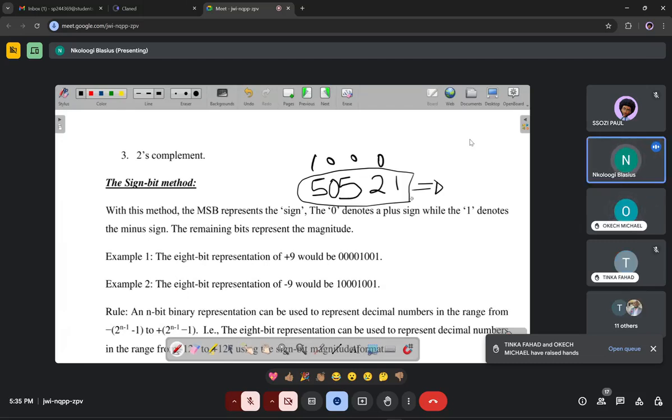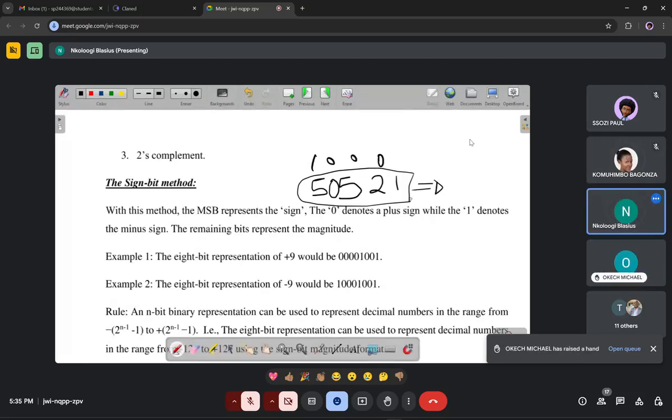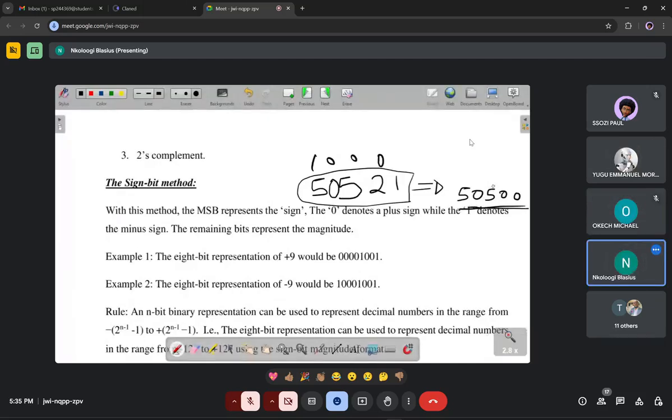Assuming you don't want to exceed the amount, I will give him 50,500. Would you tell us the reason why? There's no way you can get 21 shillings.